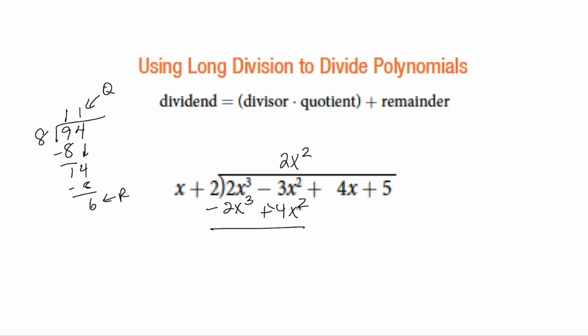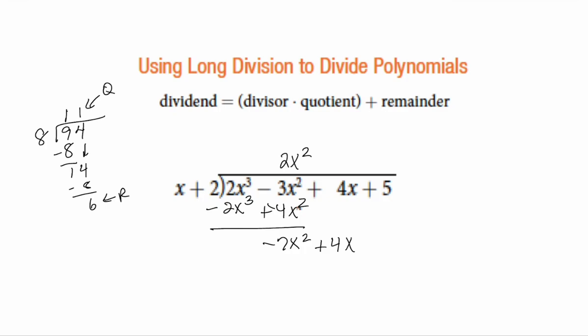So 2x cubed and negative 2x cubed, the first term should always disappear. That knows that you're on the right track. Negative 3x squared and negative 4x squared is negative 7x squared. And just like here, we brought down the 4, we're going to bring down the next piece. Because our initial thing had 2 terms in it, we should always bring down 2 terms at a time.